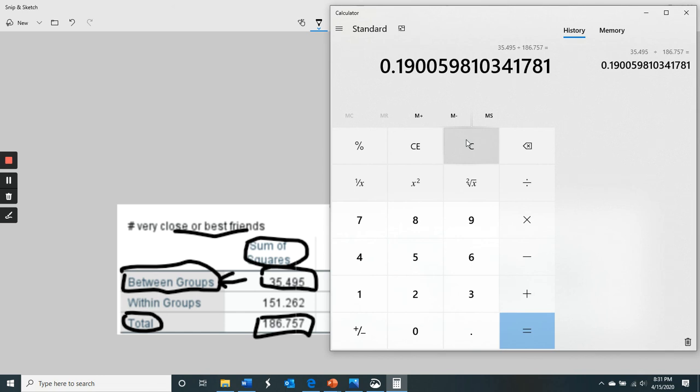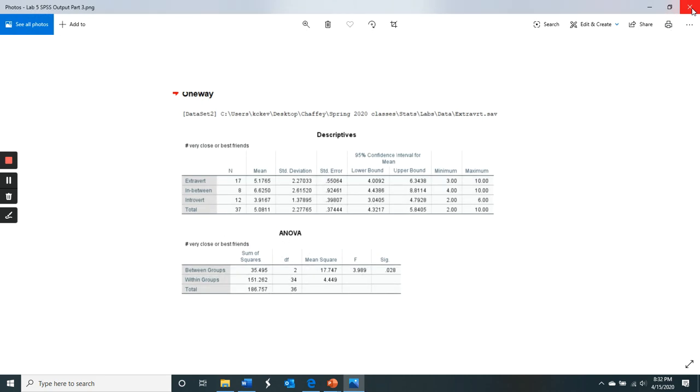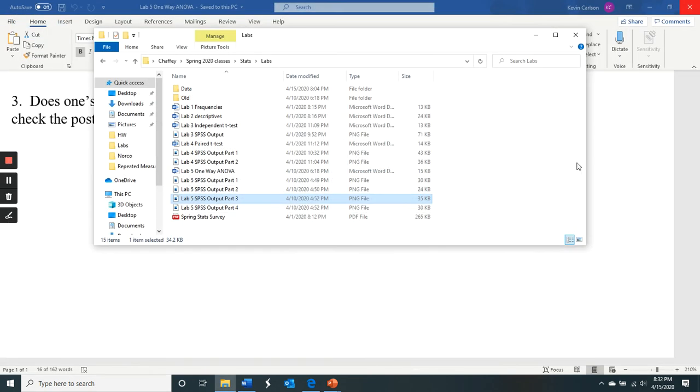So then our sentence about the effect size is the effect size was large, comma, eta squared equals 0.19, period. And that's it. So 19% of the variance in the number of best friends was directly related to one's level of extroversion.